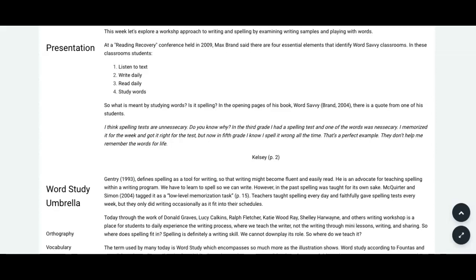John Savage in Sound It Out, Phonics in a Comprehensive Reading Program states, "Writing and reading have much in common. Reading involves decoding, writing involves encoding. Both rely on knowledge of sound symbol relationships.